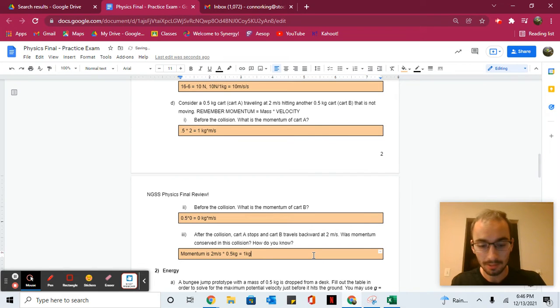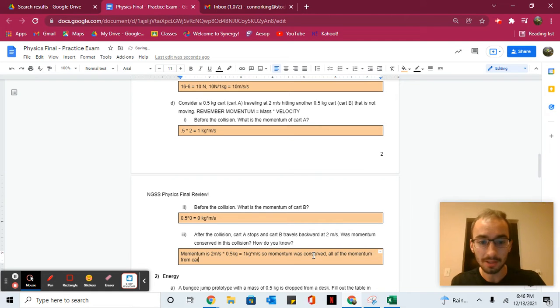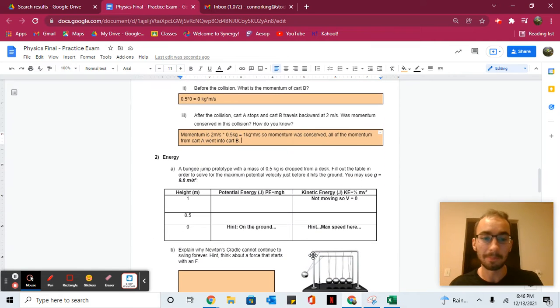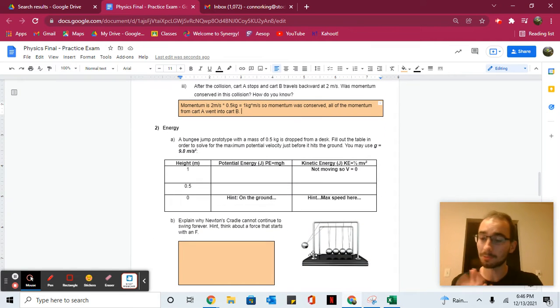You get 1. So momentum was conserved. All of the momentum from cart A went into cart B. That's the idea. Conserved just means it all stayed the same, but it may have just changed into a different form. This next one was pretty tough for some students.